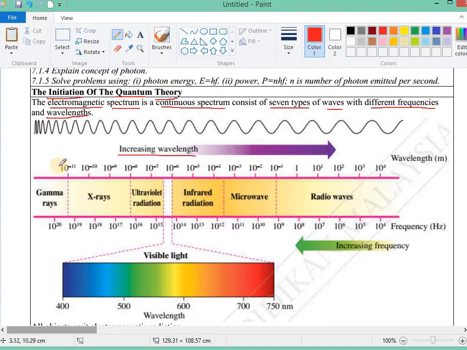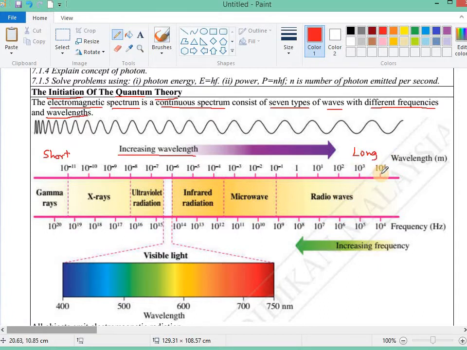You see, from gamma ray, the wavelength is short. Then from gamma ray to X-ray, longer wavelength, ultraviolet radiation, longer wavelength, visible light has longer wavelength, and so on, till radio wave has the longest wavelength.